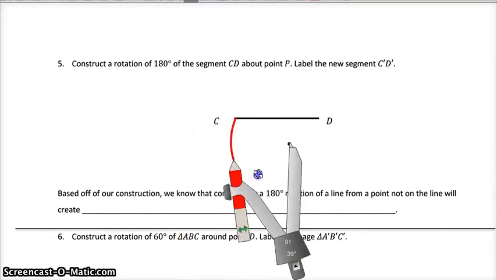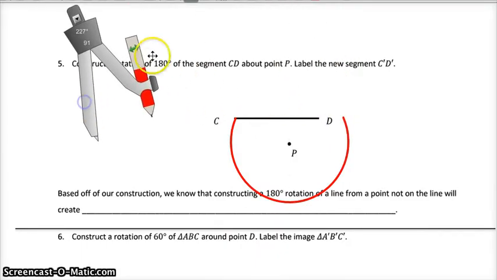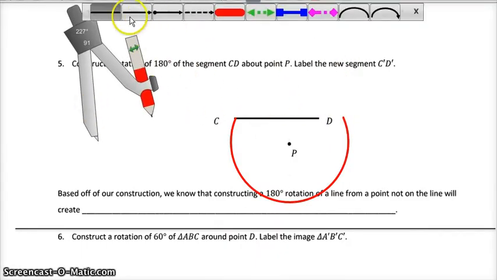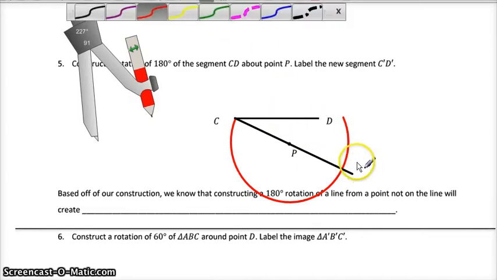We go counterclockwise. Remember, we're going more than halfway. Same idea though, from C through P. This is going to be our C prime.